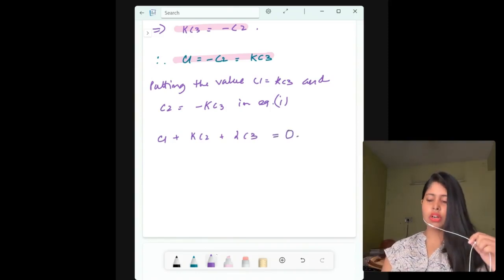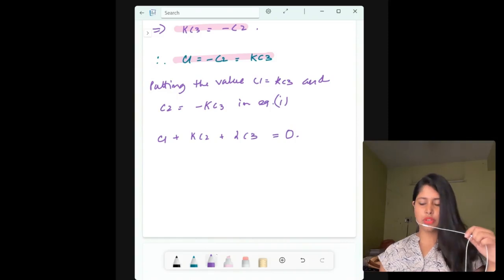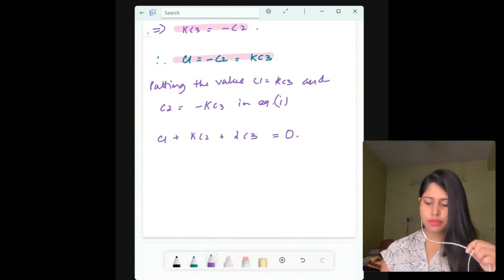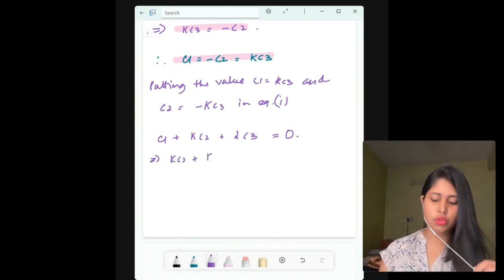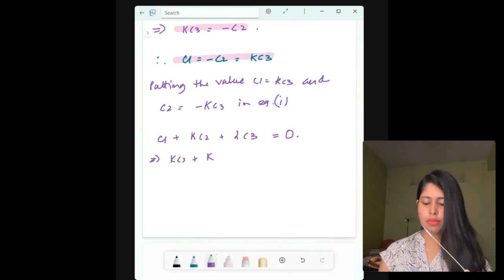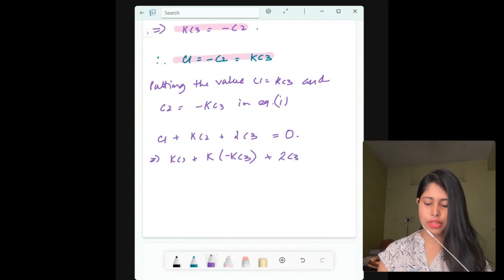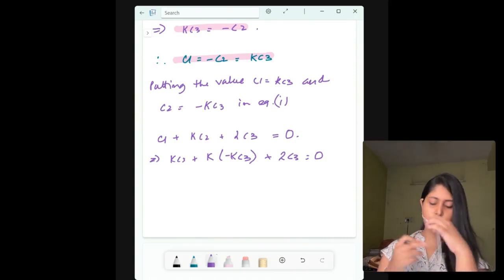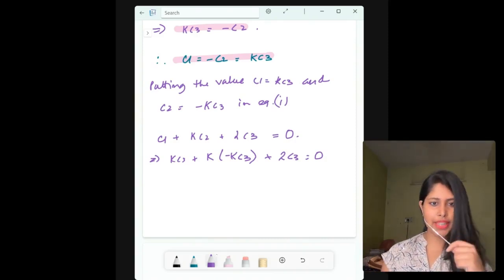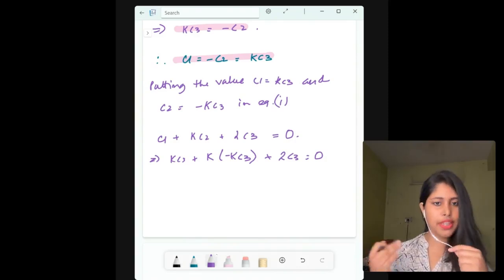Now next we write what c1 is. c1 is kc3, and c2 is minus kc3, so we have kc3 minus k squared c3 plus 2c3 equals 0, right? So from here we will directly get the values of k. Let us see how we're going to get it.